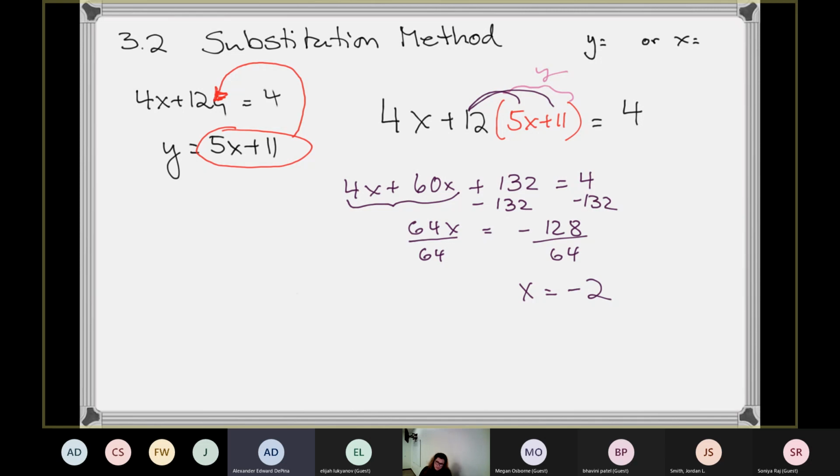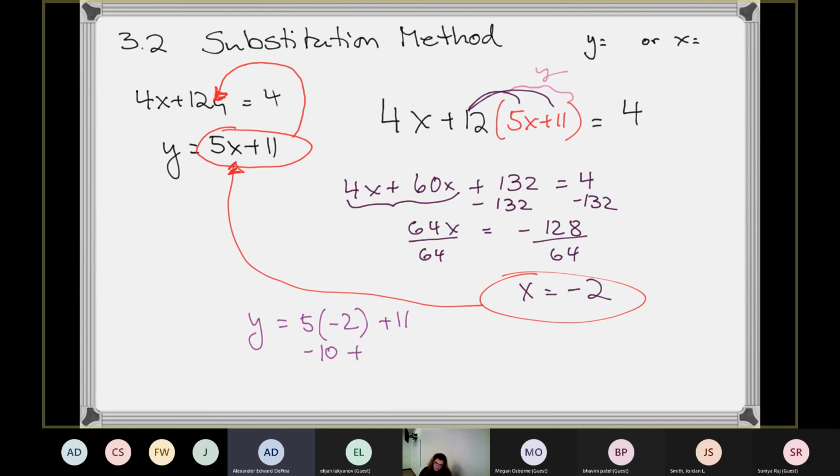So what do we do with this knowledge? We take x equals negative 2, and we substitute it again into the second equation to find y. So y equals 5 times negative 2 plus 11, negative 10 plus 11, y is equal to 1.